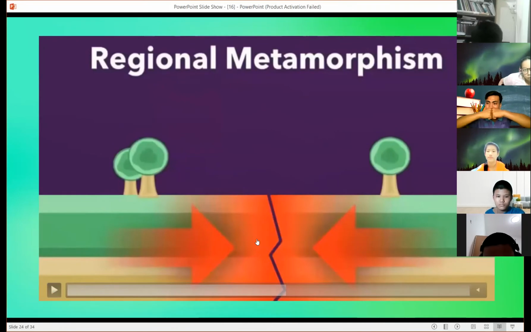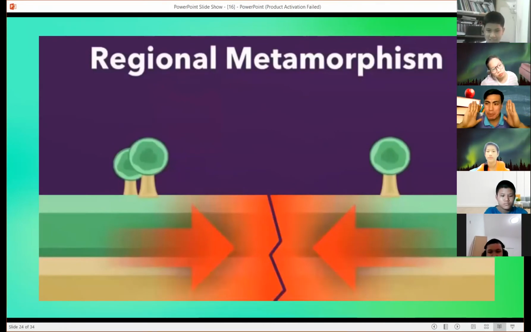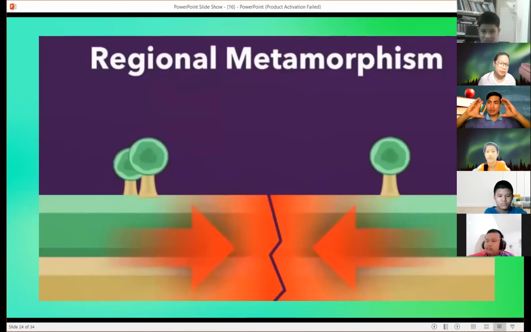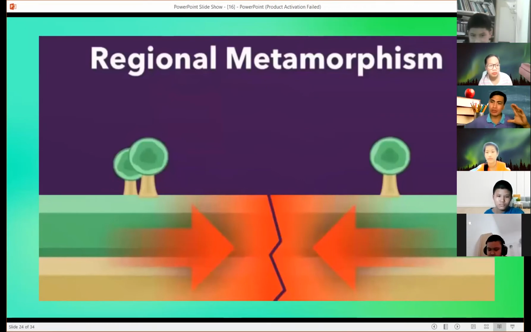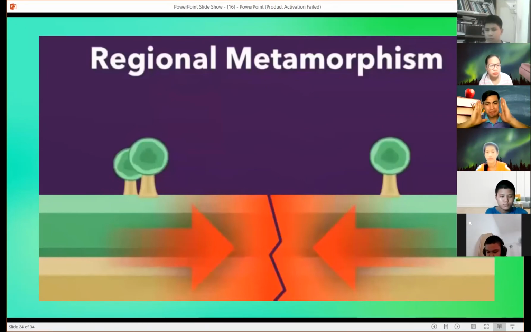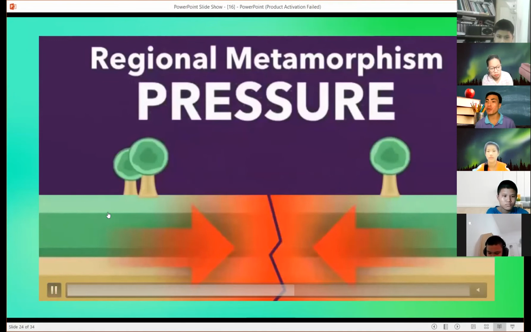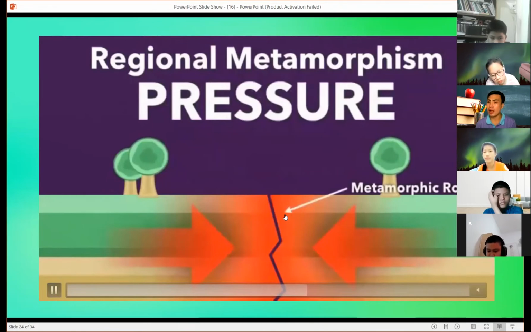They will have this very massive pressure. The rocks will be compressed together, pressure on this side, pressure on this side, and squeezed thoroughly, then it will form a metamorphic rock due to pressure. The rocks near here will form a metamorphic rock.